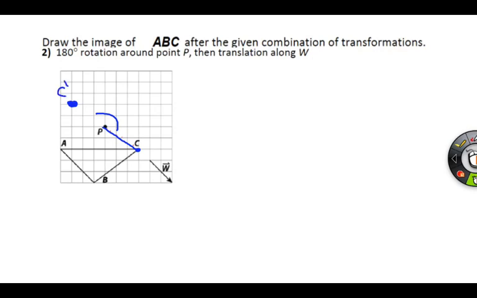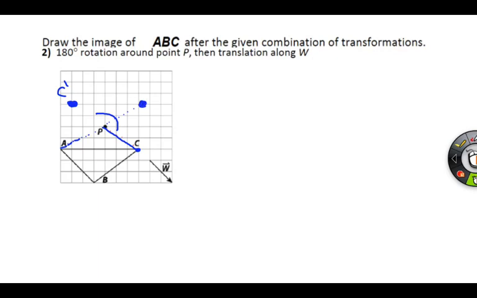Then for A prime, you draw a line from P to A, go 180 degrees, so it would be roughly over here, and this would be your A prime.